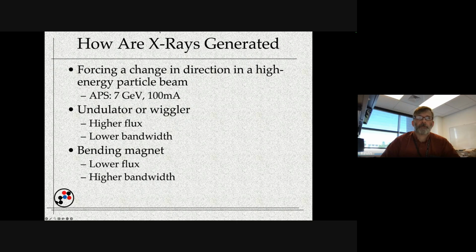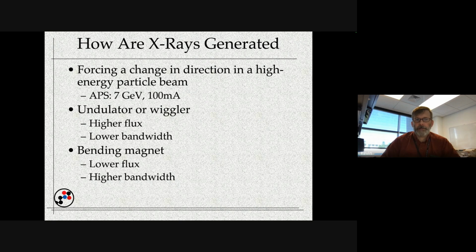The first is an undulator or a wiggler. These will give you a higher flux beam, but a lower bandwidth beam. The other is a bending magnet, and this will give you a lower flux X-ray beam, but a higher bandwidth.